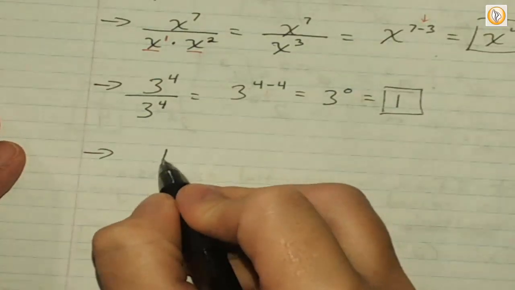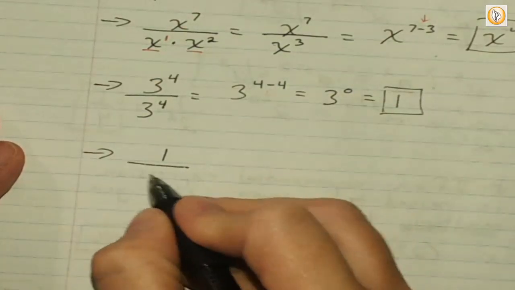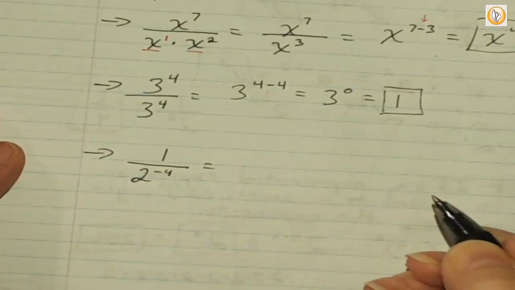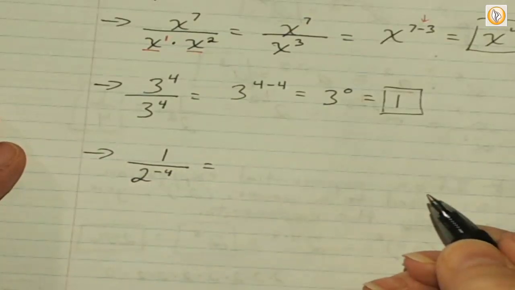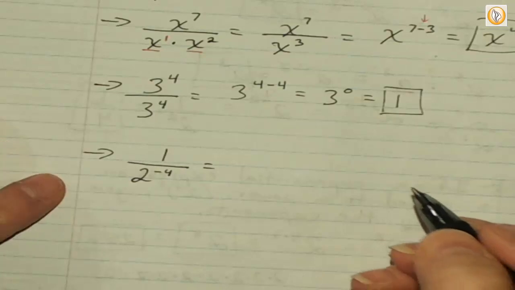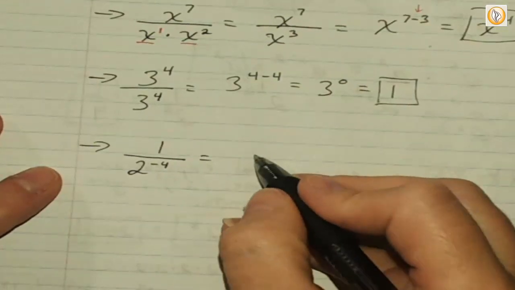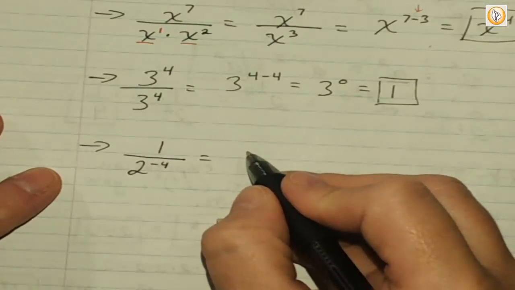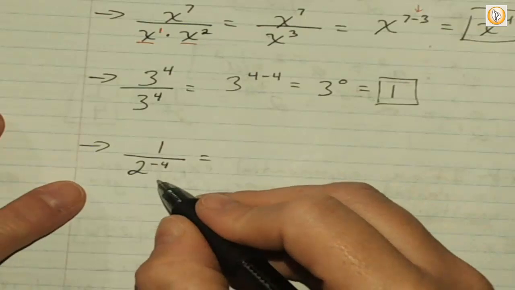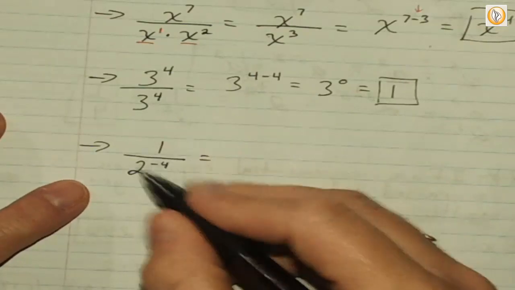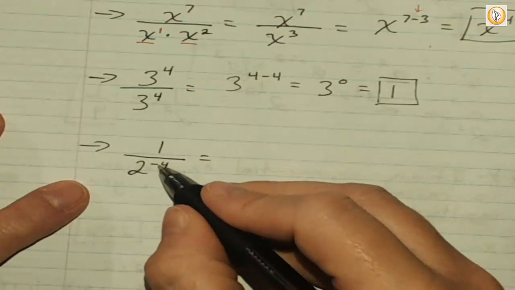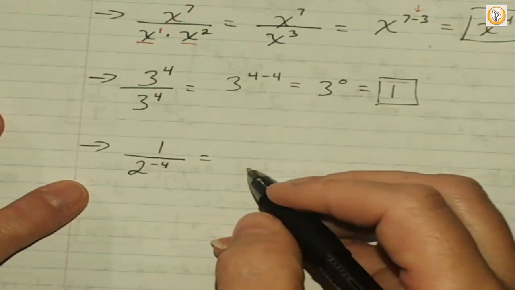All right, Kelly, what if I have 1 over 2 to the negative 4 power? Since the bases aren't the same, well, all this is one thing. Can I have a negative exponent? No. How do I make it positive?